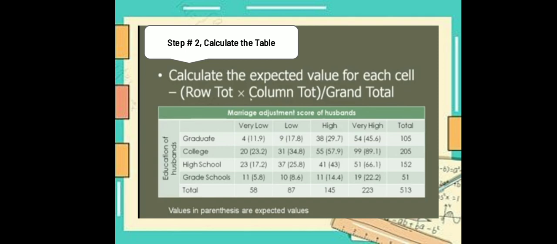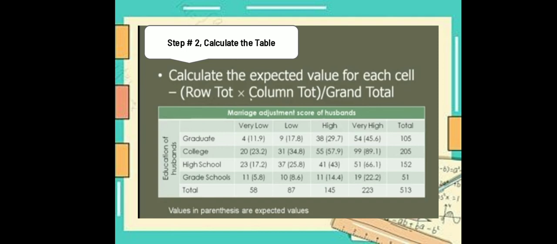For example, in the row of graduate and the column of very low, which is 4, to get the expected value we multiply 58 times 105 divided by 513, because 513 is the grand total.